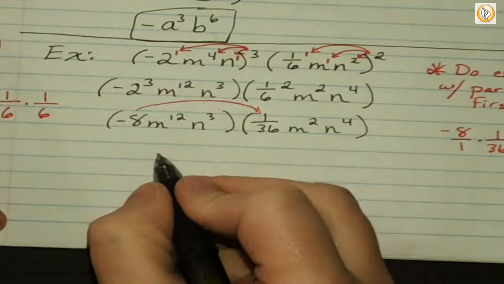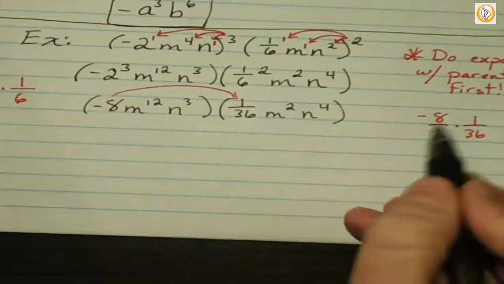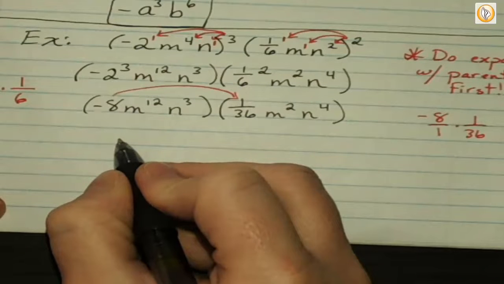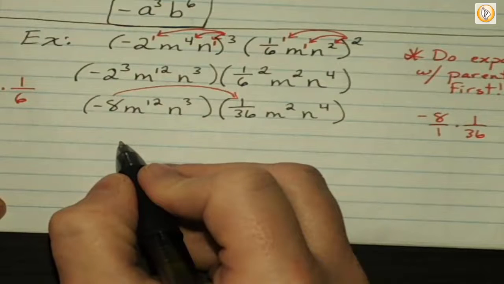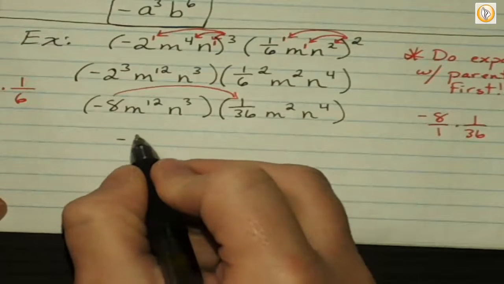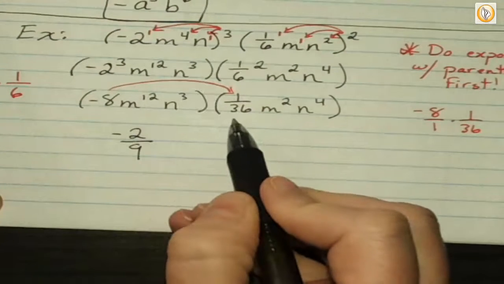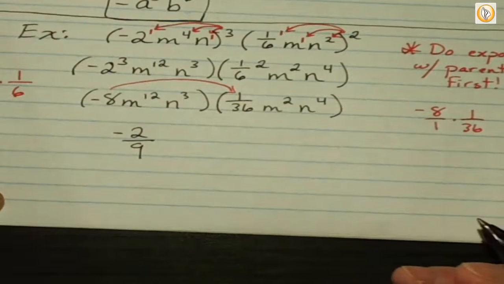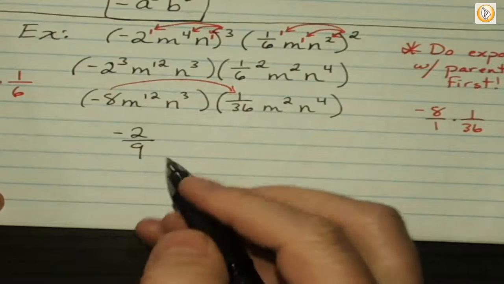Taylor, give me the rounded down answer. -8 over 36. Rounded down, it's -2 over 9. I'm using your rounded down answer. -2/9. So -8 times 1/36, as Taylor said in rounded down terms, is -2/9.